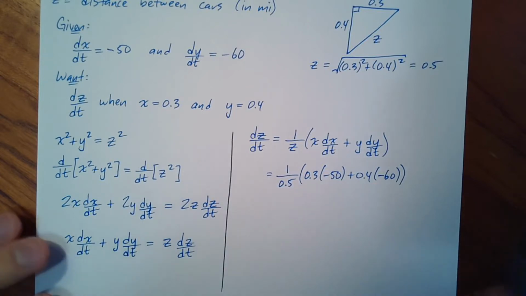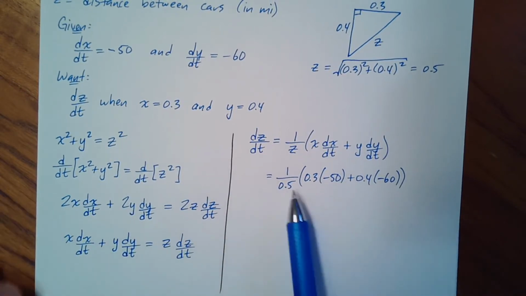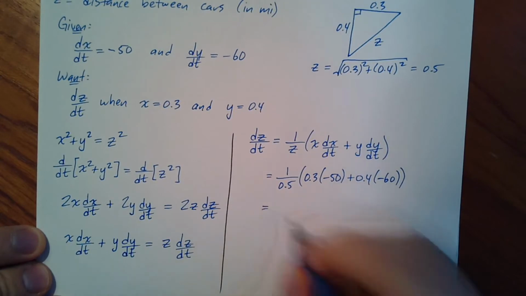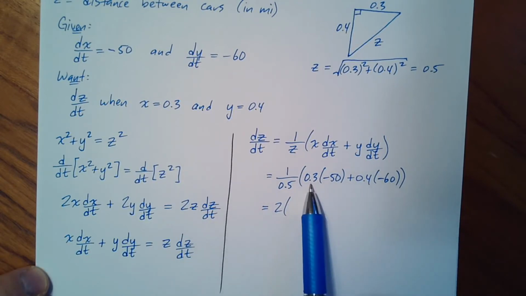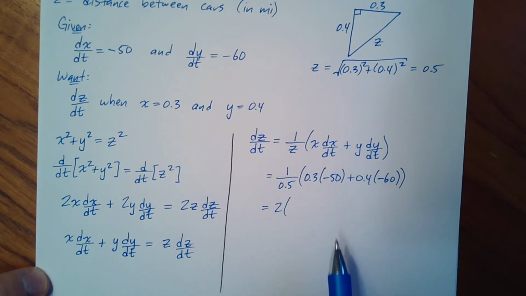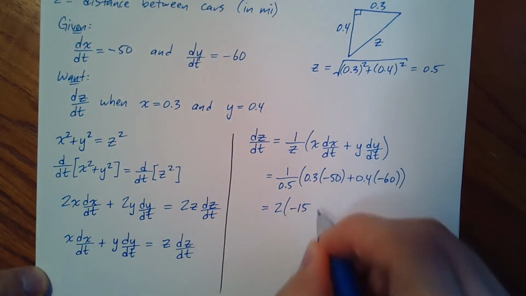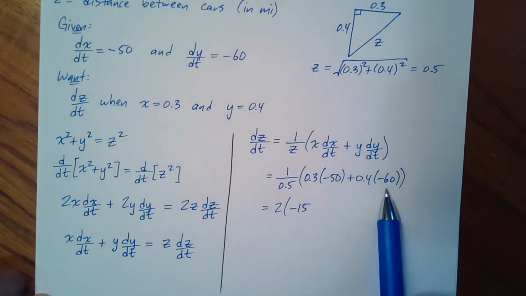And as usual, I don't have a problem with you using a calculator, but in this case, we can actually work it out by hand. It's not too bad. 1 divided by 0.5 is just 2, right? 1 divided by a half. Here we got 0.3 times 50. Well, 3 times 50 would be 150, but it's only 0.3, not 3. So it's only going to be 15. But the 50 is negative, so we're going to get negative 15. 0.4 times 60.